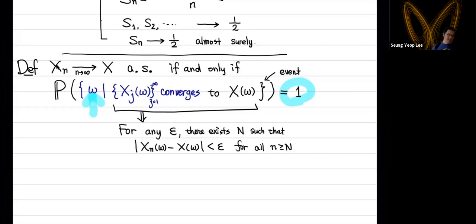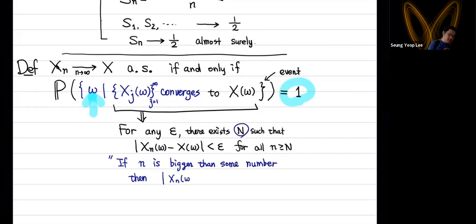In a colloquial way, if n is bigger than some number, then Xn of omega minus X of omega is less than epsilon. That's the same thing.